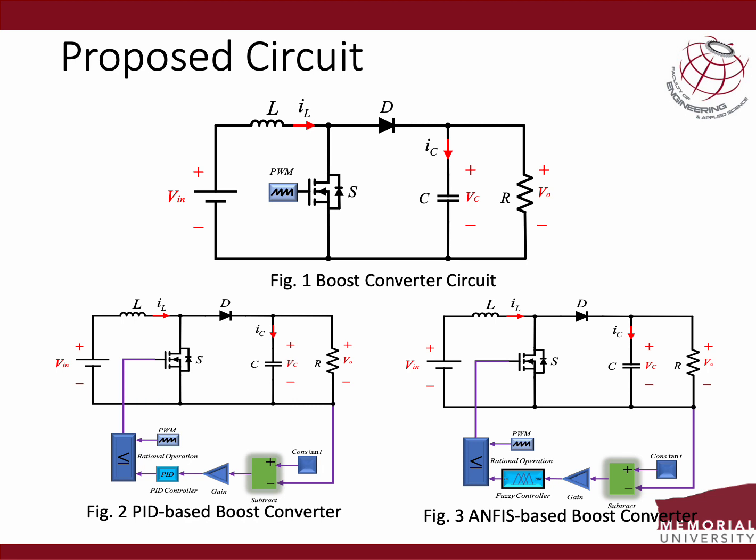The aim is to get something close to what we have from the PID, but to be able to fine-tune the output result by the fuzzy logic controller. That is why we are using data collected from this, and we used over 200,000 input data from the PID to train the ANFIS controller, or the fuzzy logic controller.